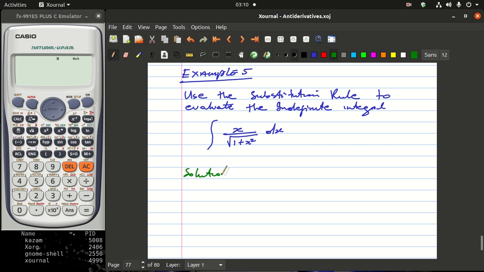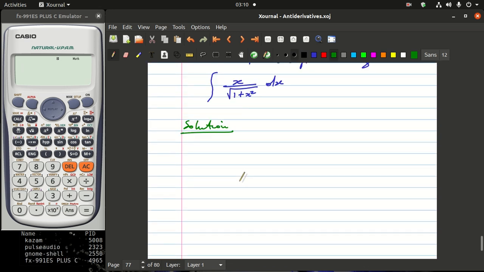I want to write the solution, of course. What is going to be the solution to this problem? Let's proceed here. I want to find the indefinite integral of x.